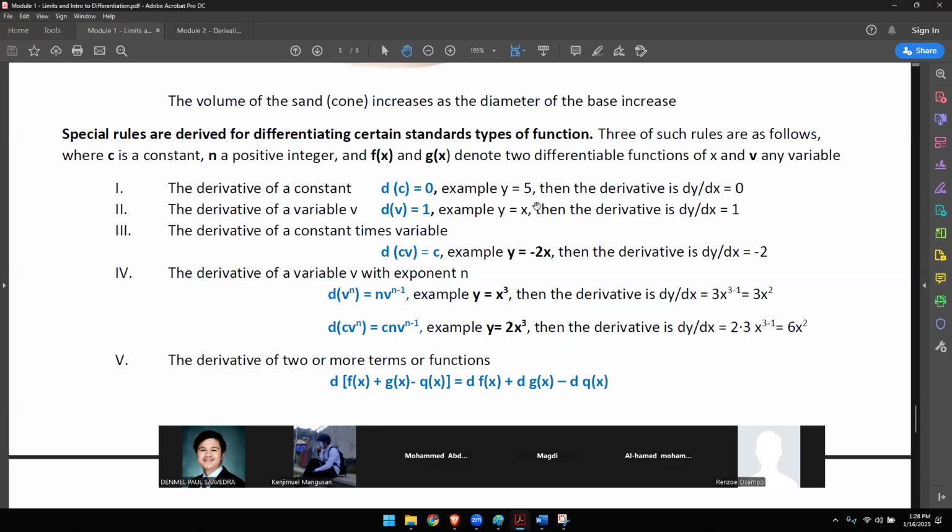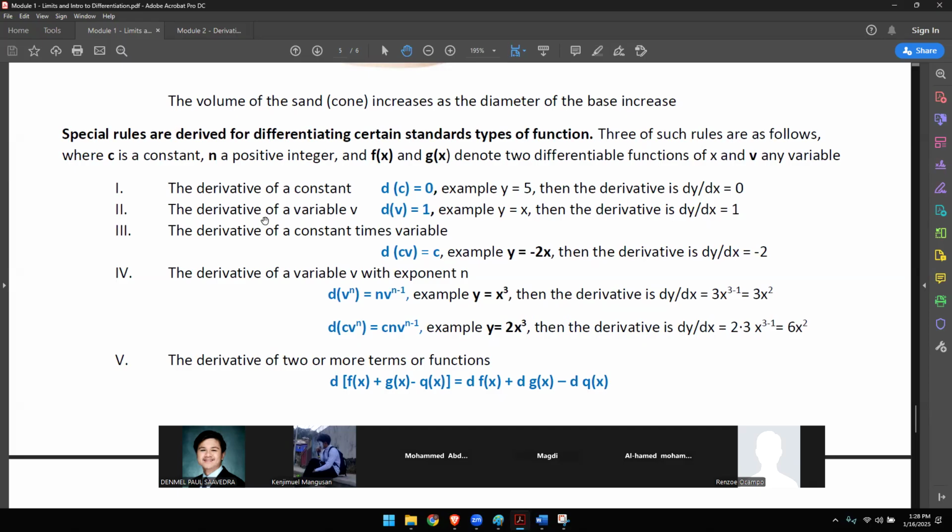Once you derive this one, it will give you 0. Any constant, once you derive it, is always equal to 0. Could be 100, could be 1/4, 0.25, 1 million, 10 million, it's always equal to 0.